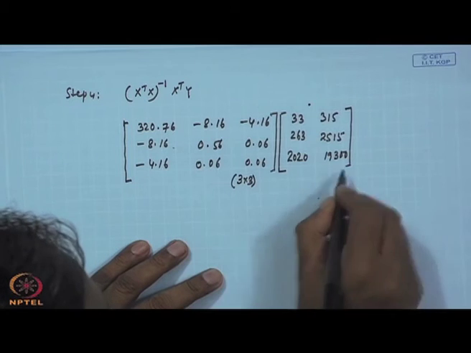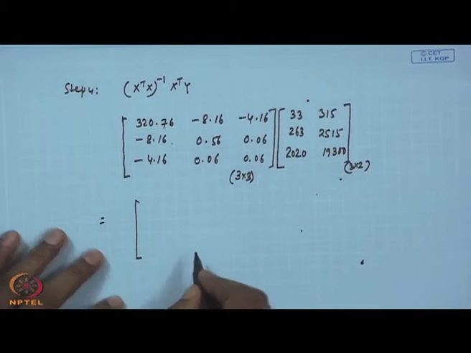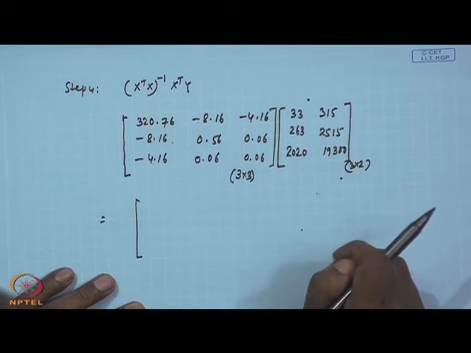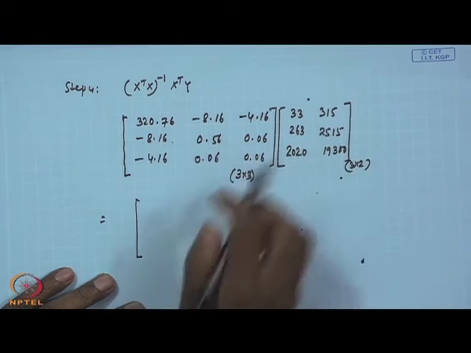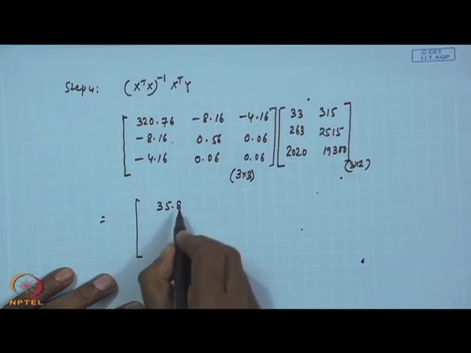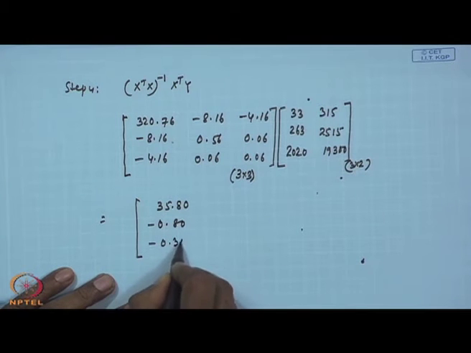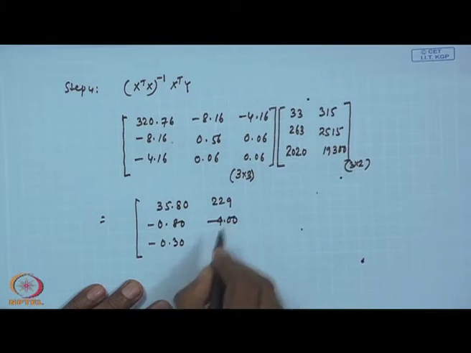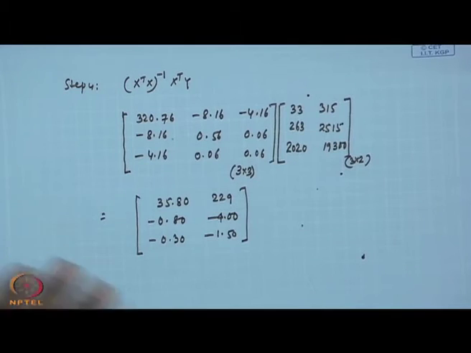This 3 cross 3 times 3 cross 2 gives a 3 cross 2 matrix, and if you again use software, MATLAB or Excel, the multiplication of these two will give you 35.80, minus 0.80, minus 0.30, then here 229, then minus 4.00, then minus 1.50. This is your beta matrix.